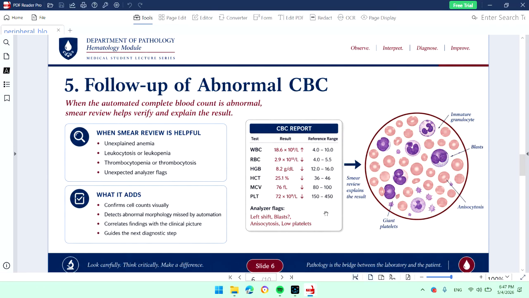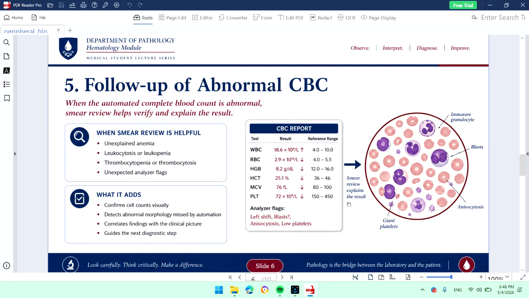An interesting thing, which is highly related to the experience of pathologists or hematologists who work in a lab, is to be careful: if the findings of the autoanalyzer are not compatible with the clinical symptoms of the patient, in these situations you must compare these results with the findings of the PBS.